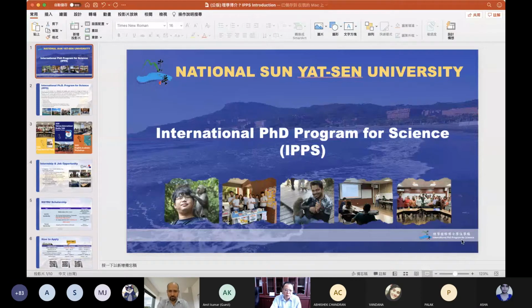So all these 4 institutes belong to this group. So if any one of you is really interested in medical science and technology, you can apply for IPPS. Then you can choose any professor in this group. Okay. So actually, this program we already have for maybe 2 or 3 years. So I think the student number.